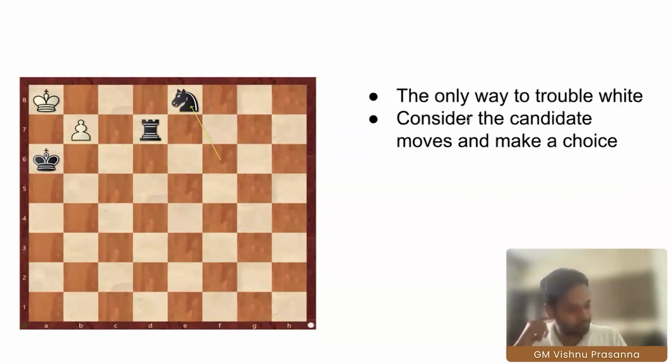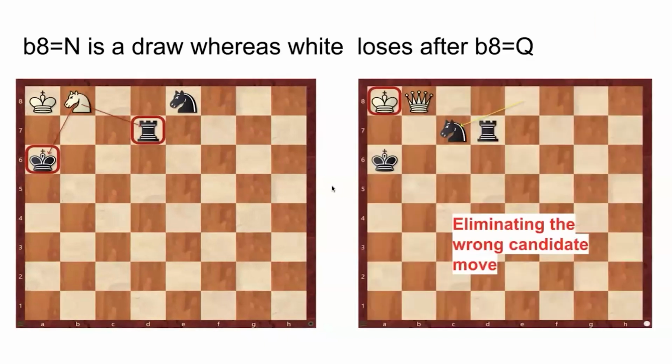So what are white's candidate moves now? We can eliminate the bad moves quite quickly in this portion. b8 is equal to knight is the solution. I know that most of you have gotten it. So eliminating the wrong candidate. We can arrive at b8 is equal to knight even by eliminating b8 is equal to queen.